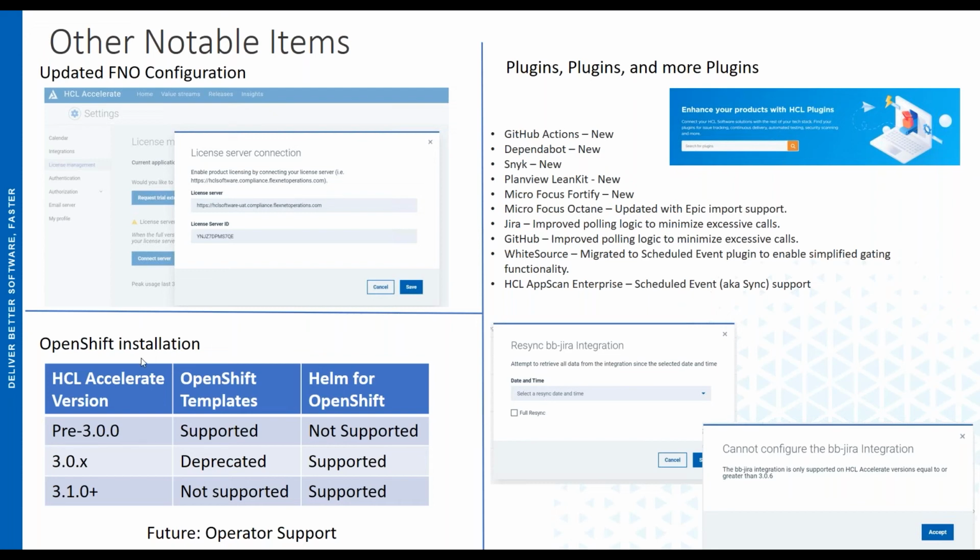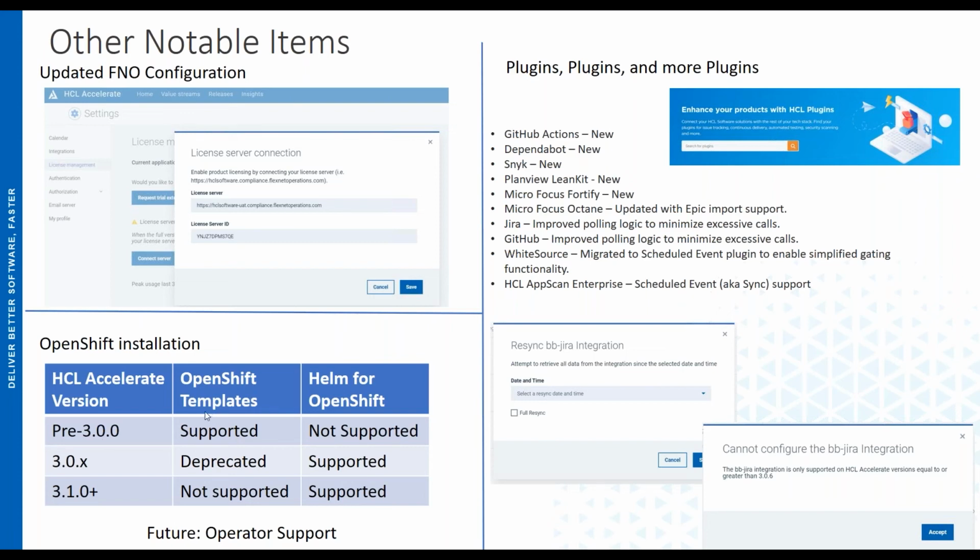Moving on with the OpenShift installation. One thing I'll say is we still support OpenShift. We always have been, and we will continue to support OpenShift. The main caveat here is the way in which we are supporting the OpenShift installation. Previously, in versions prior to 3.0.0, we had the OpenShift templates installation path.